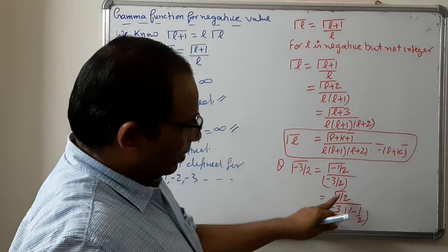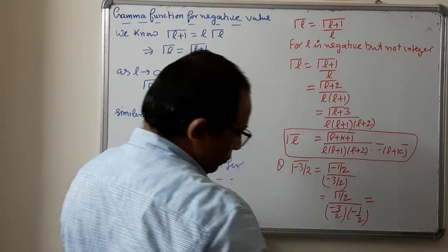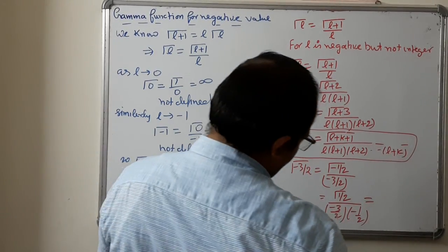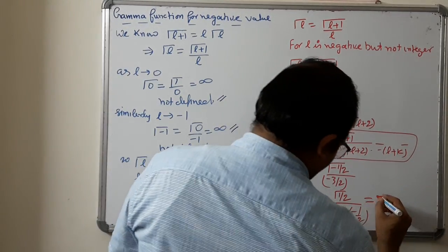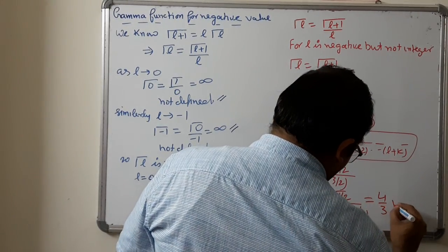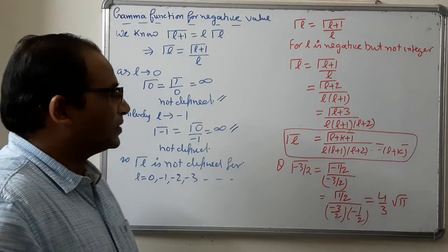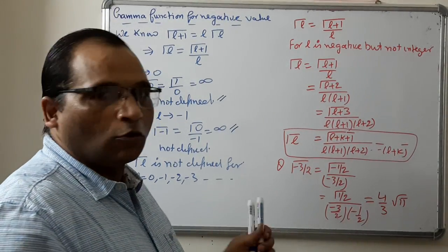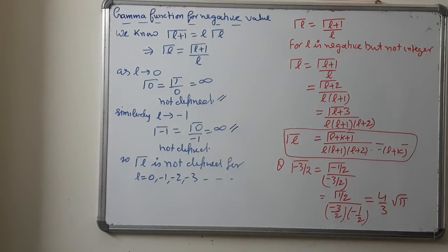And we know that gamma(1/2) is root pi, so this is equal to 4/3 root pi. We can find the value of gamma(-3/2). Similarly, you can find gamma(-5/2), -7/2 and so on. You can find any value of this.